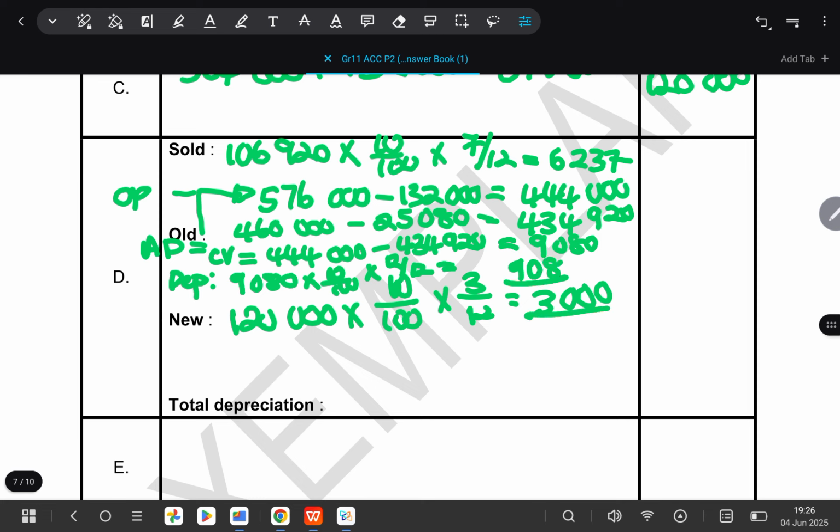Our total depreciation will therefore be 908 plus 3,000, and also plus 6,237. So you say 908 plus 3,000 and then plus 6,237. Okay, let's see.